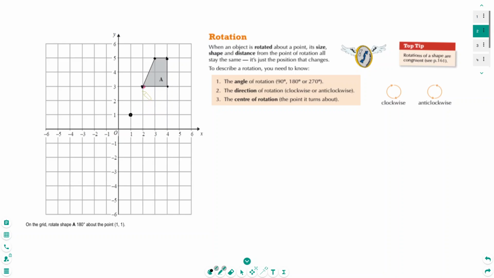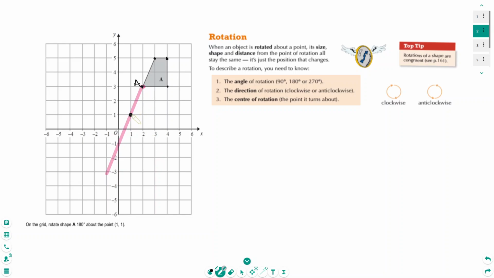Since the angle is 180 degrees, the point A is going to move with an angle 180 in the clockwise direction.